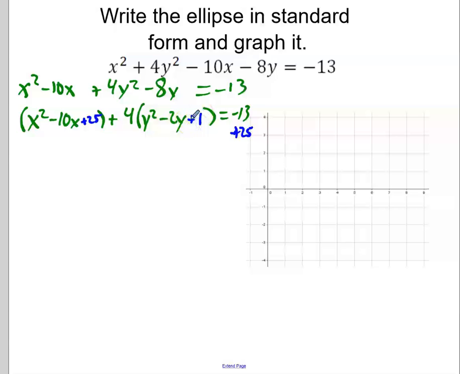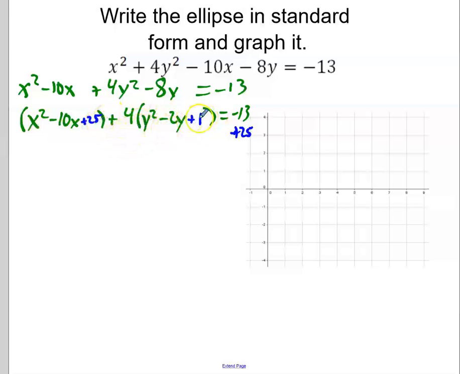Now, here's something that we didn't have to worry about with circles that we do have to pay attention to with ellipses and with hyperbolas that we're going to talk about in a later section. With circles, we didn't have numbers out in front of our parentheses, but with ellipses and hyperbolas, we do.